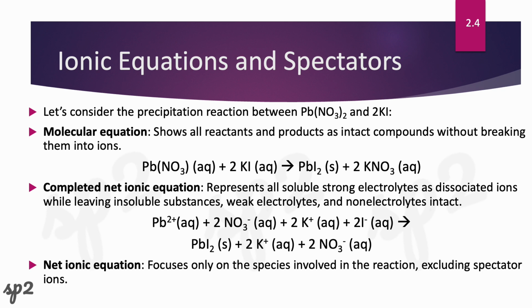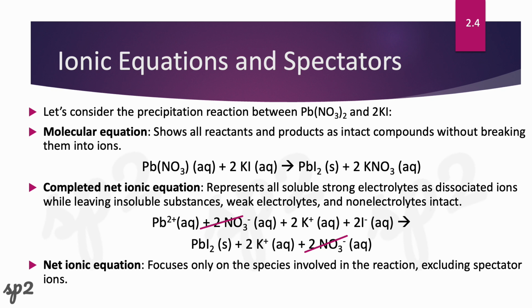Now, the next step is focusing on only the species that are involved in our reaction. That means we need to exclude all of our spectator ions. So what are the spectators? Those are the ones that you see on the reactant side and the product side the exact same way. They're just there to balance out the charge, but they're not doing anything other than that. So for example, here I have my nitrate.